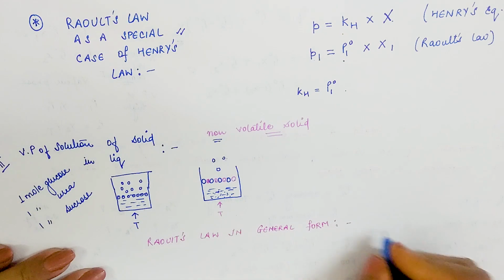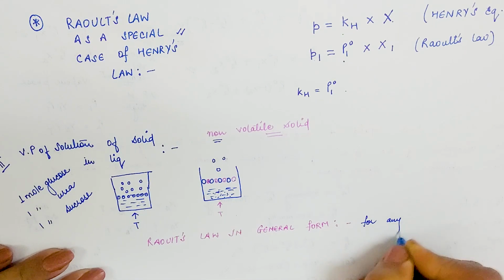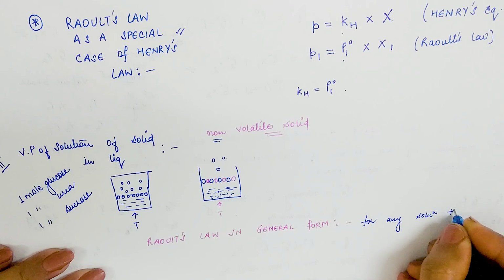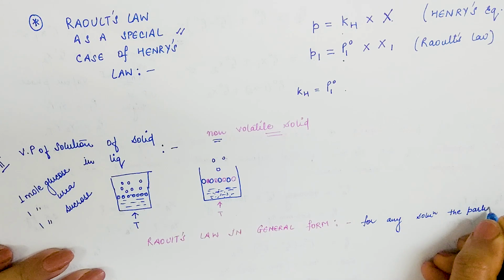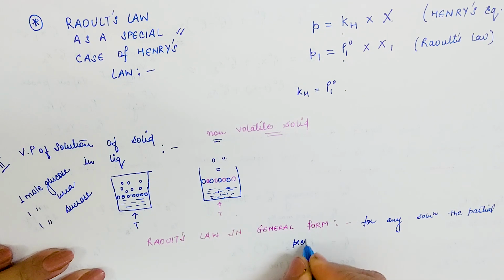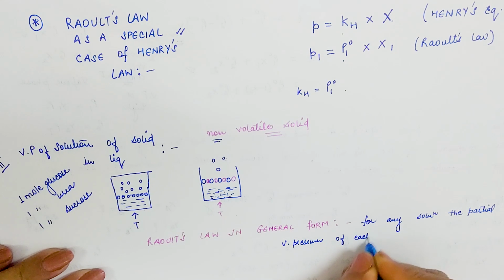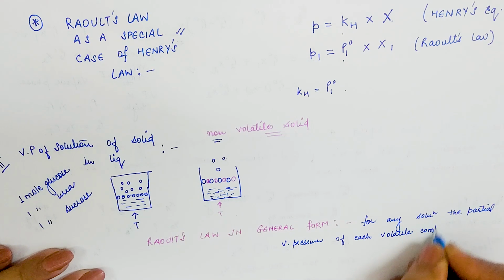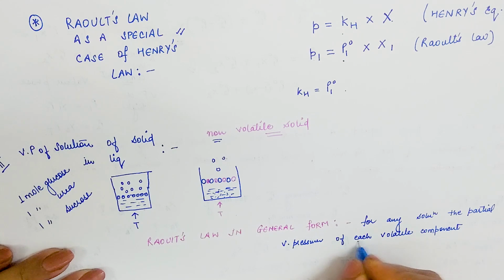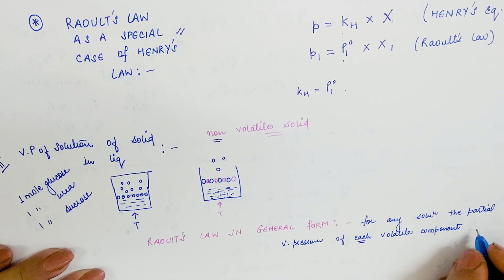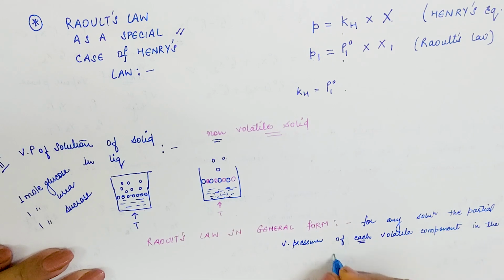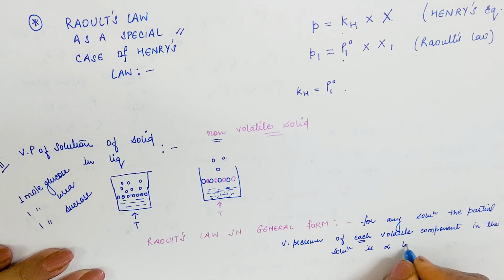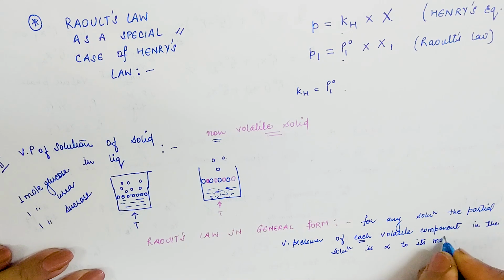You will write: for any solution, the partial vapor pressure of each volatile component in the solution is directly proportional to its mole fraction.